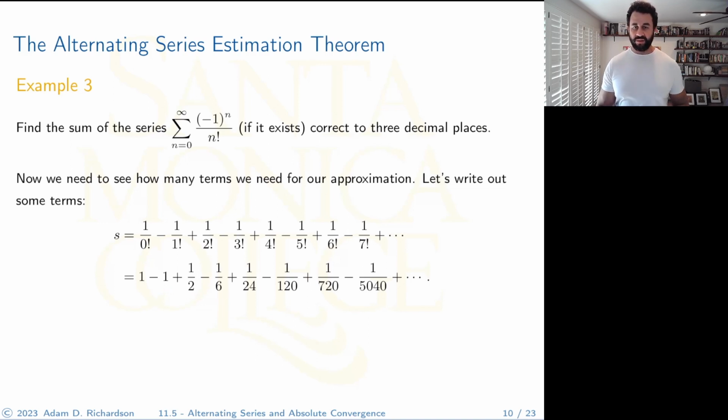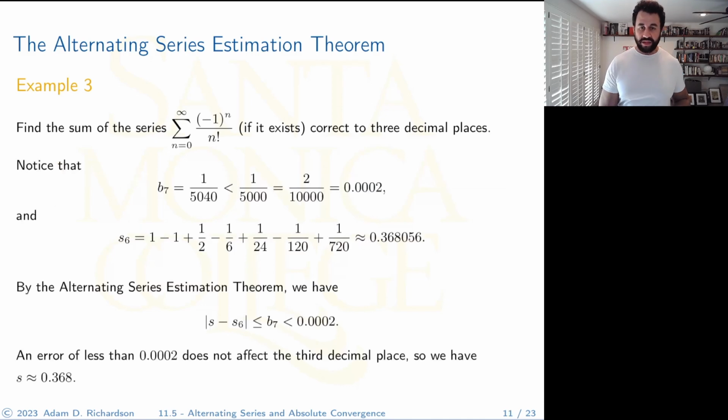All right. And the question really is, how many of these terms do we need in order to guarantee that if we were to chop it off, we would get a result that is correct to 3 decimal places? That's the goal here. That's what we're going for. I do a little bit of clever arithmetic here just to get a look at the size of some numbers.